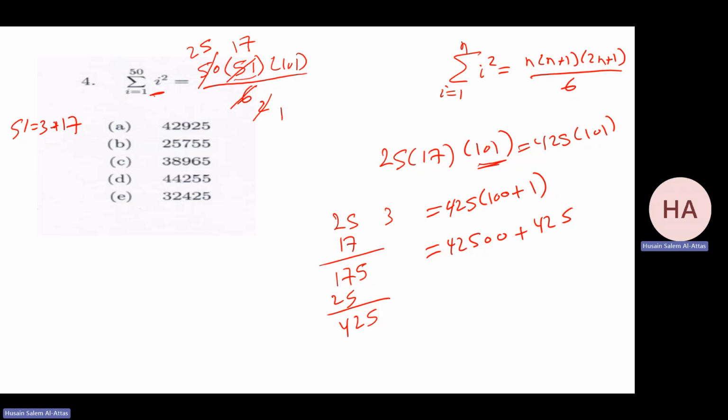By 2, this is 25, so 425 times 101. It will be 42500 plus 425. That gives me what? 42925. Yes, just do the calculation. That will be my answer.